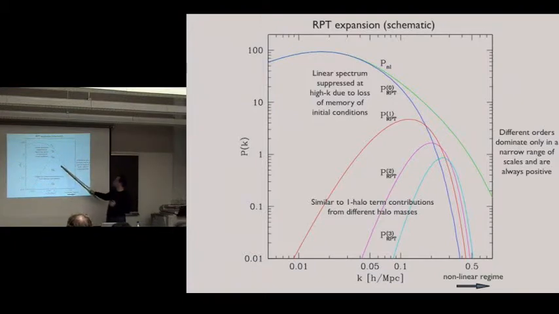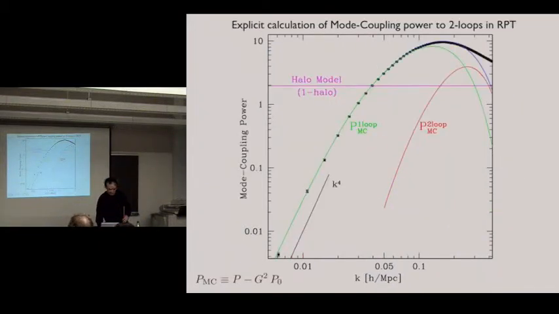And then there is the one-halo term, in which pairs of particles live in the same dark matter halo. If you break that into contributions of different halo masses, it will look something like this also. So as you sum over the mass function, you will get all these contributions. However, there are some very important differences with the halo model.